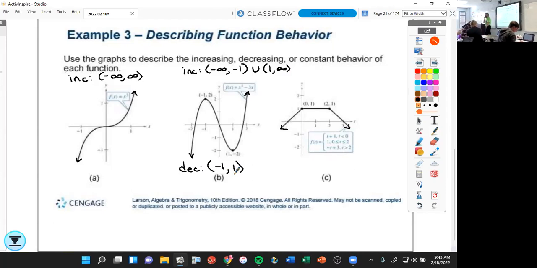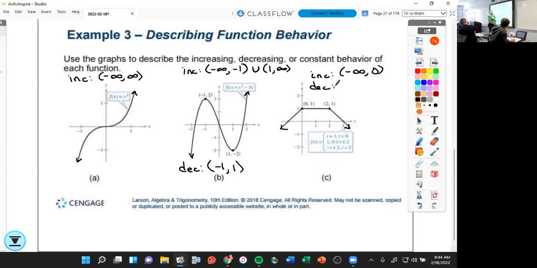Are you doing all right? Okay. Part C, when is this function increasing? From -infinity to 0. Where is it decreasing? Decreasing on the interval 2 to infinity.